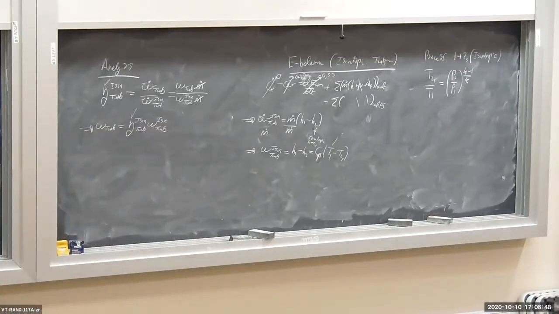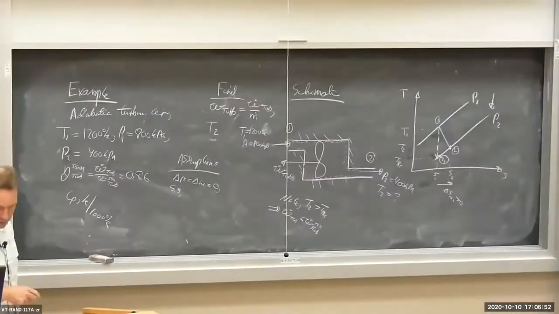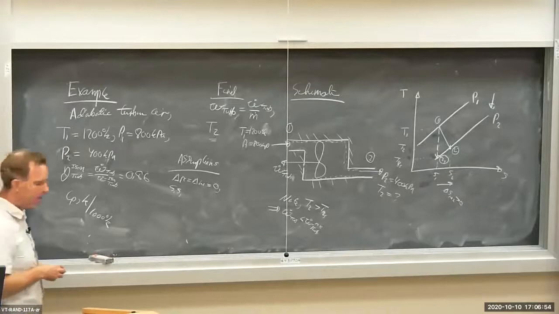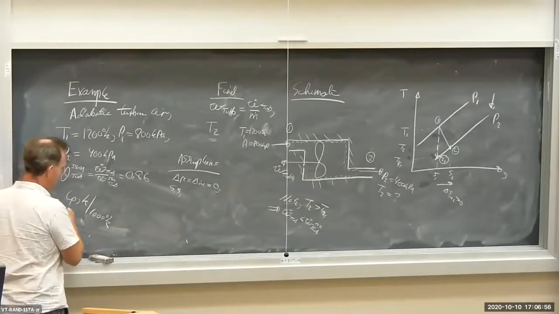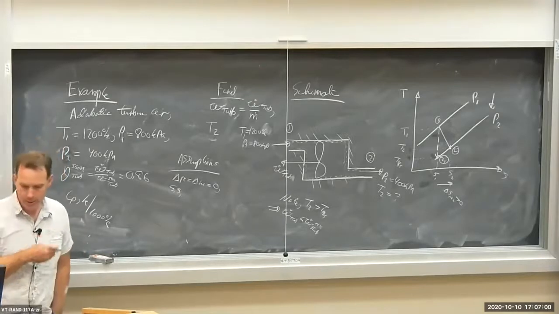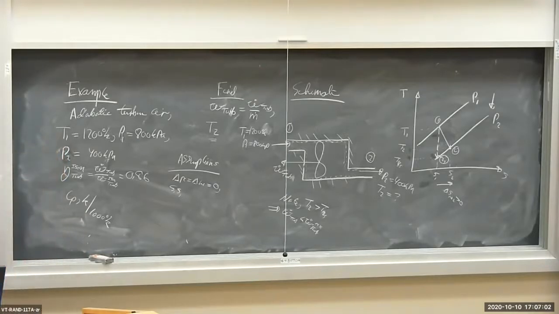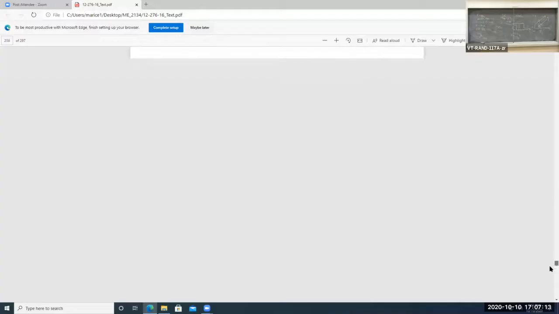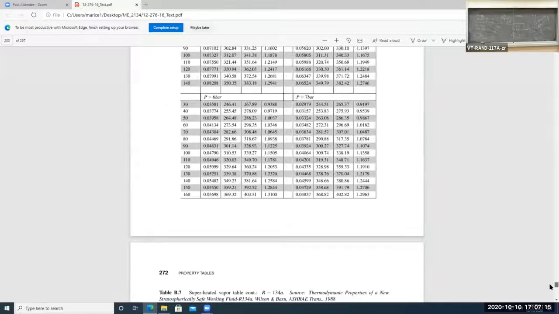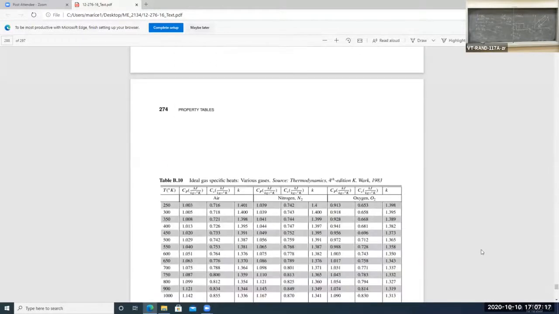I am told to evaluate Cp and specific heat at 1,000 degrees. So let's see if we can find it in our table. Let's go here to specific heats for air, IGB, property tables.